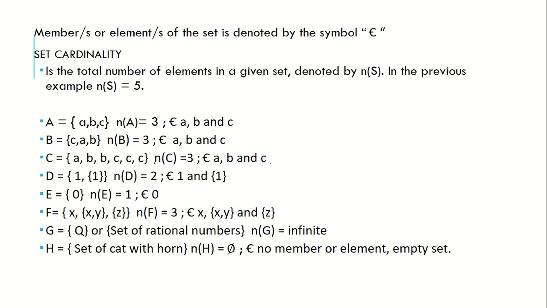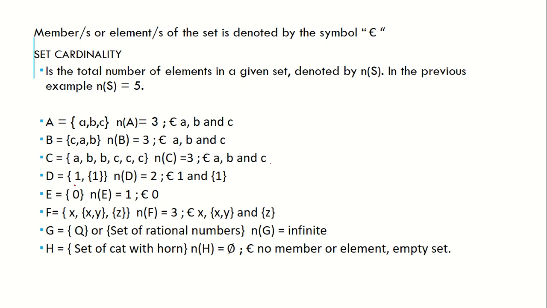For a set whose element is listed twice or more, we only count that element once. So the elements of set C are a, b, c. You will notice that set A is equal to set B and is equal to set C because they have the same cardinality and identical elements.